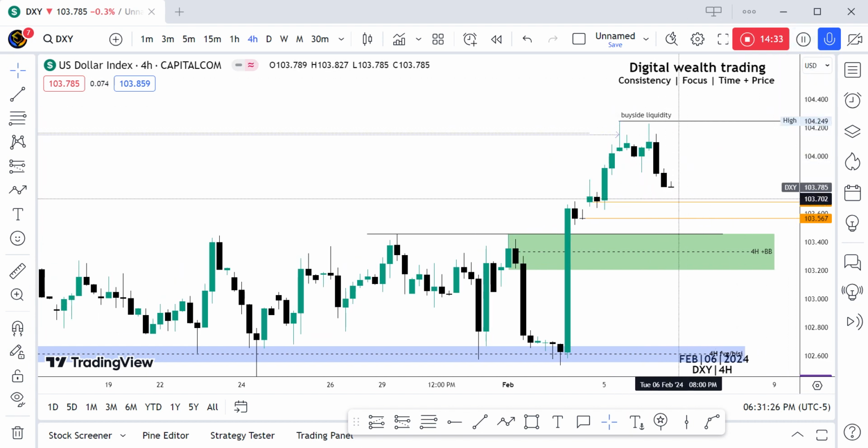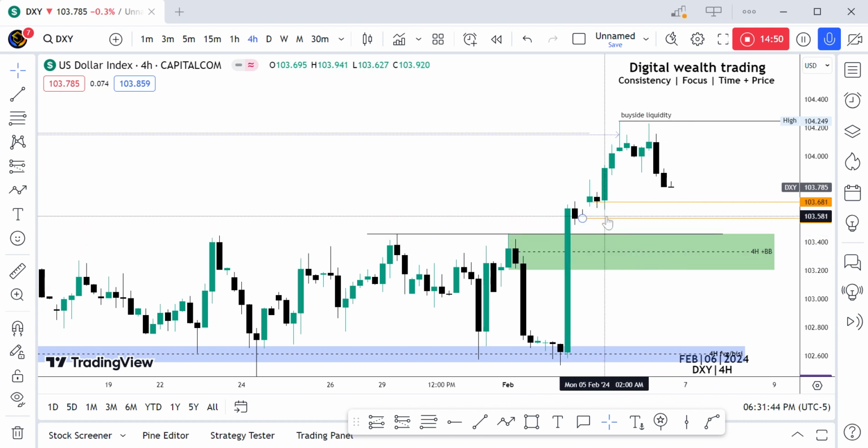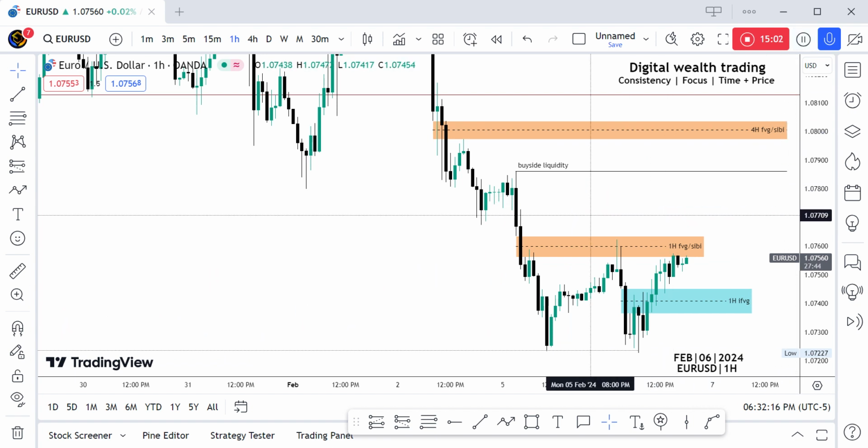So my current draw on liquidity on the DXY is bearish, and if I'm to engage, my entry would be if I see price come into this fair value gap, and my draw on liquidity is this liquidity void and the sell side liquidity below, inside this, that is the midpoint of this liquidity void, and consequently we can look at this bearish breaker.